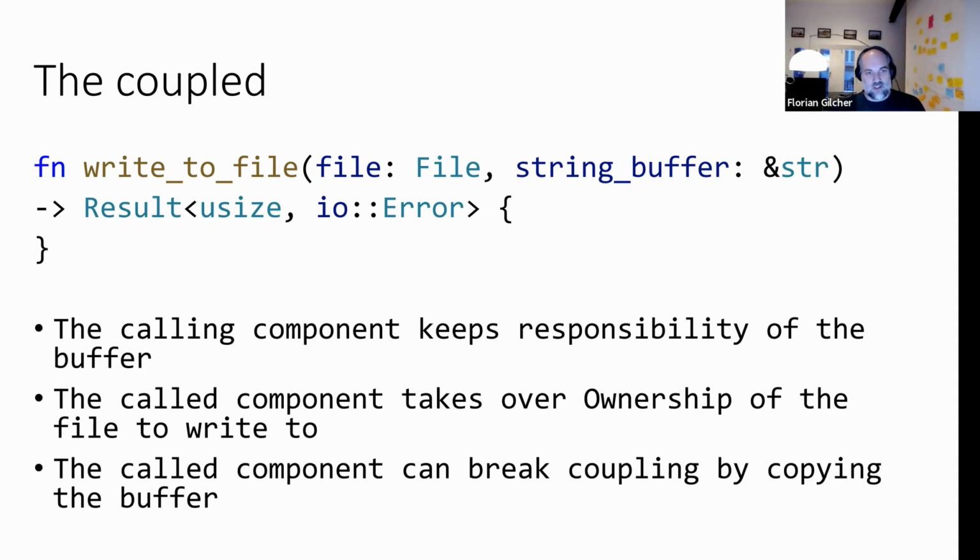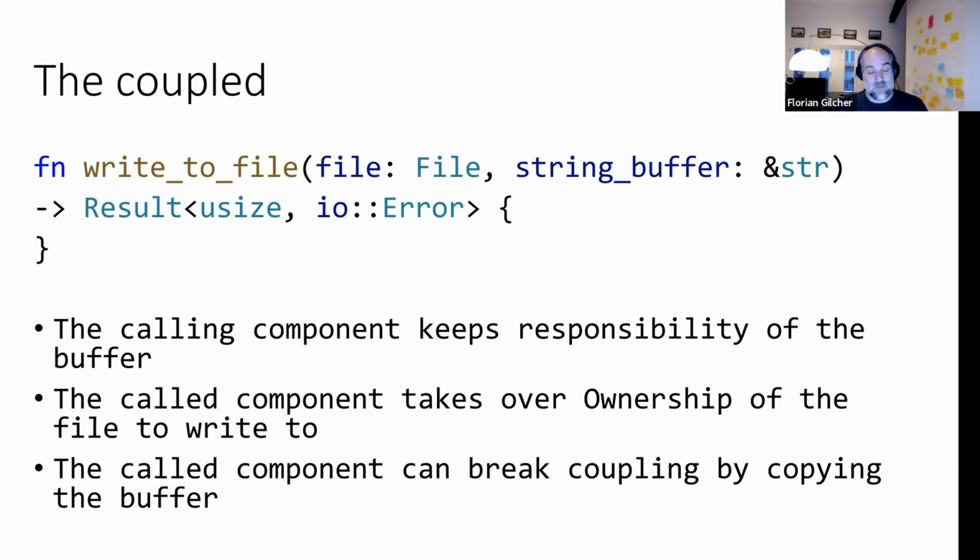The section function that I had there, or the second function signature for the same process, differs a little bit in that it gives a string buffer to the component that is responsible for writing, but in a borrowed fashion. So the calling component keeps responsibility of the buffer.